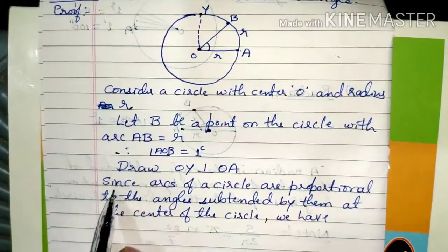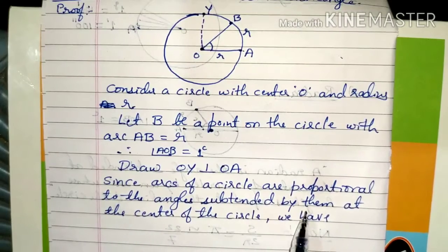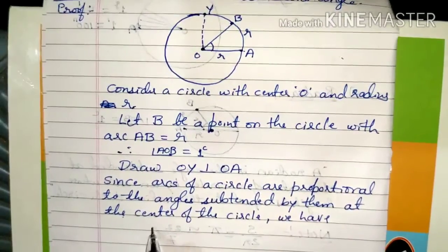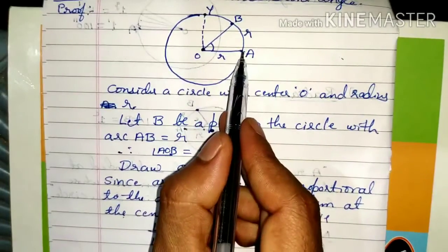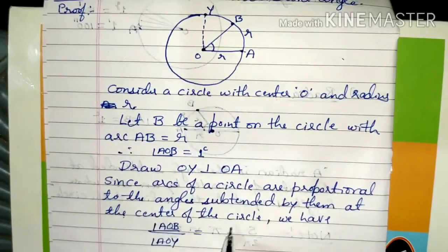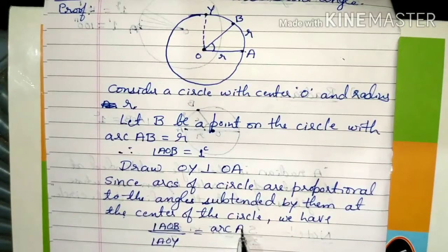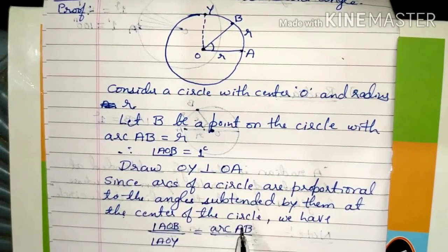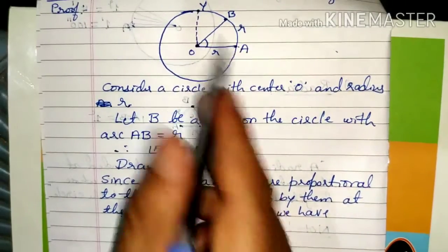So you have to write like this: since arcs of a circle are proportional to the angle subtended by them at the center of the circle, we have angle AOB divided by angle AOY, these two angles, is equal to, for AOB the arc is AB, arc AB divided by, for the second angle, arc AY.